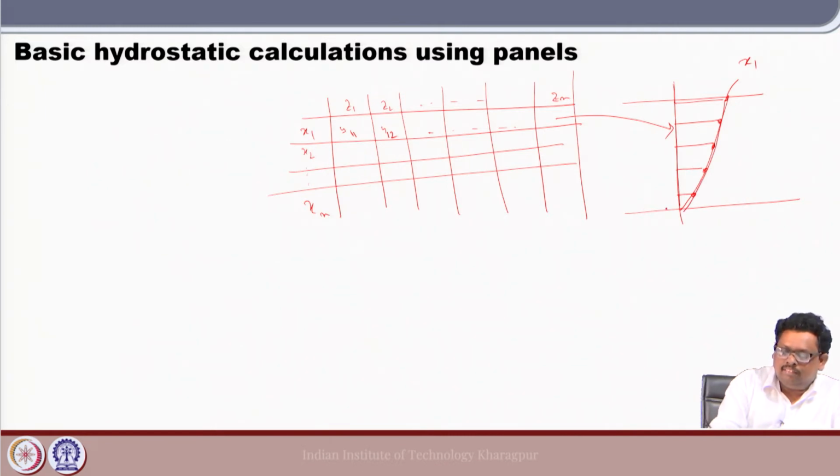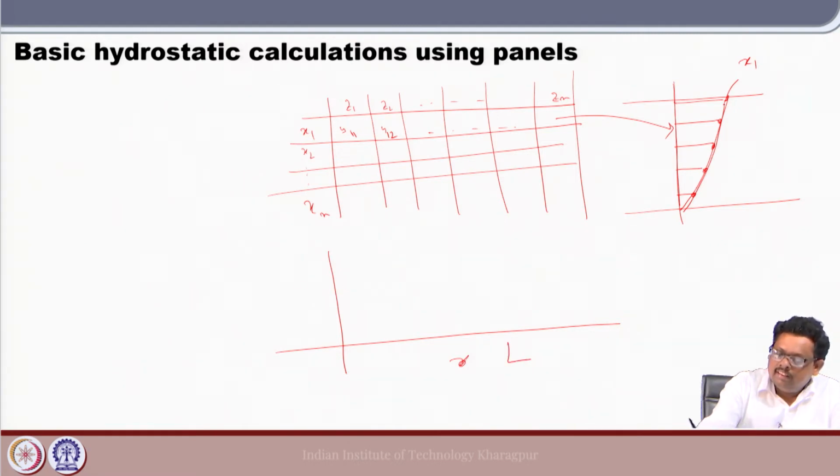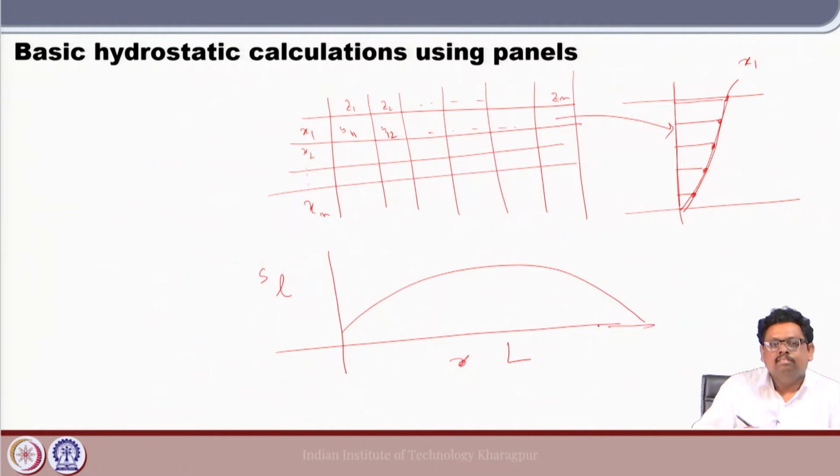Okay. Now if you find out the length of this, along the length, you can call this the sectional length, L, then again you might have some kind of a graph like this, right.